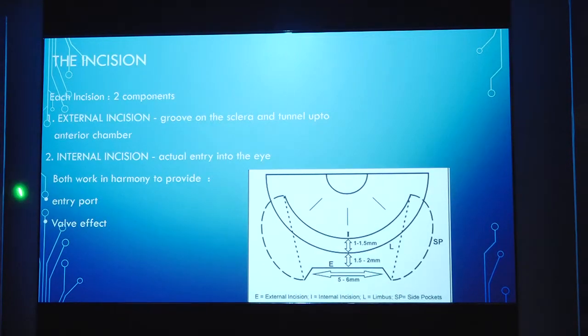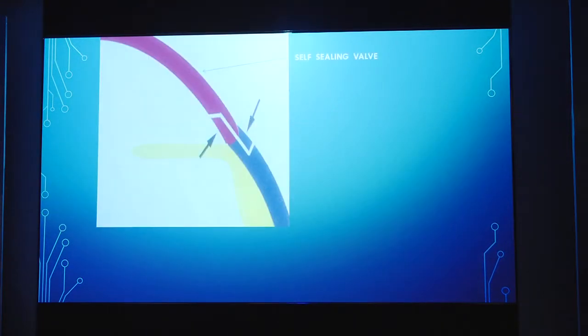Each incision has two parts, the external incision, which is a groove on the sclera, this one, and the internal incision, so that they both work in harmony for an entry port and to make a valve effect. It is very, very important that the corneal tunnel, this is the initial groove up to half depth of the sclera, you make with a blade.